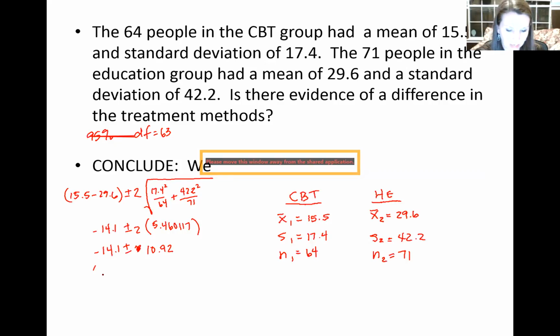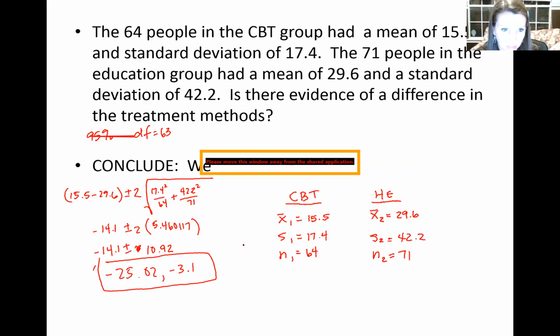So if I have negative 14.1 minus 10.92, then I get negative 25.02. And if I have negative 14.1 plus 10.92, then I have negative 3.1. So that would be my confidence interval.